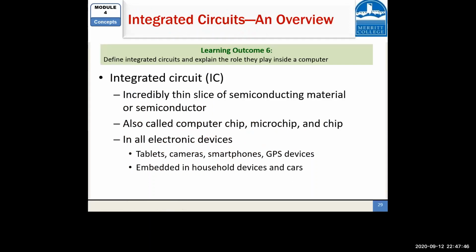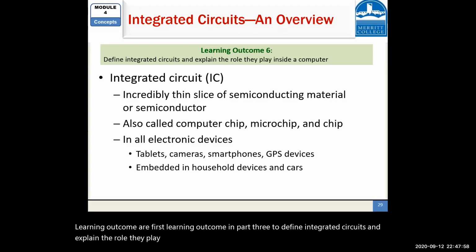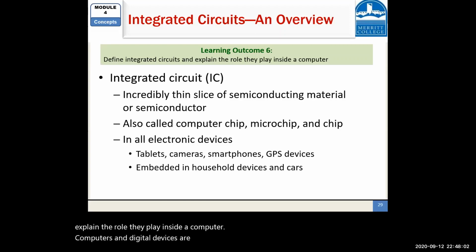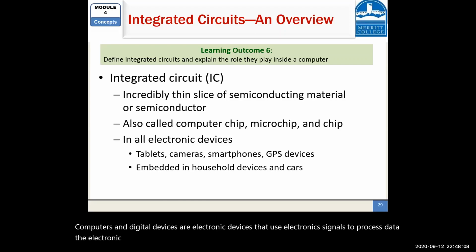The first learning outcome in Part 3 is to define integrated circuits and explain the role they play inside a computer. Computers and digital devices are electronic devices that use electronic signals to process data. The electronic parts of a personal computer store, process, and transfer the data.